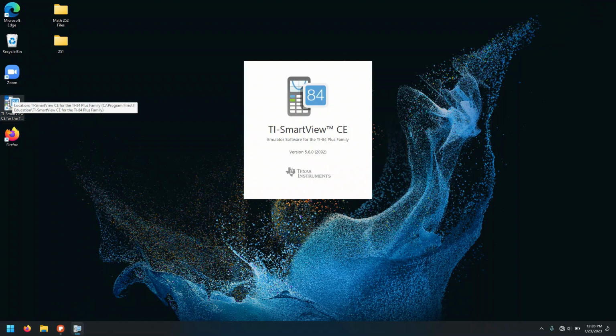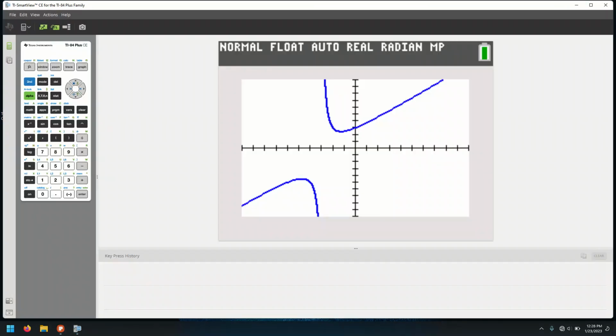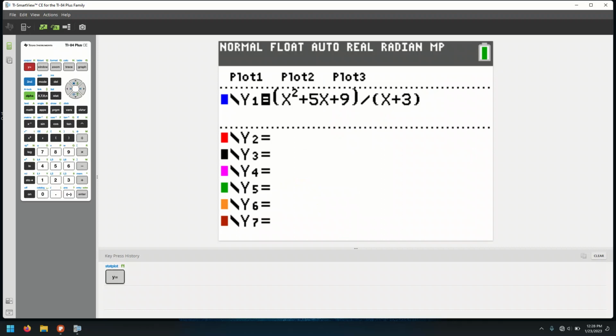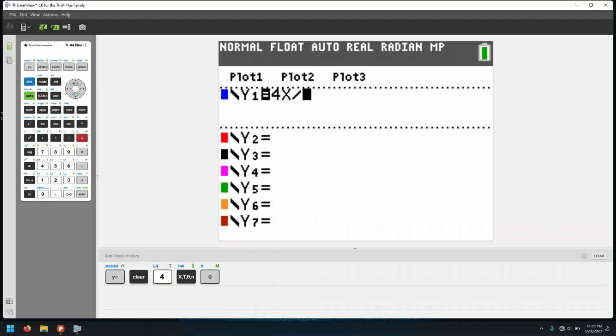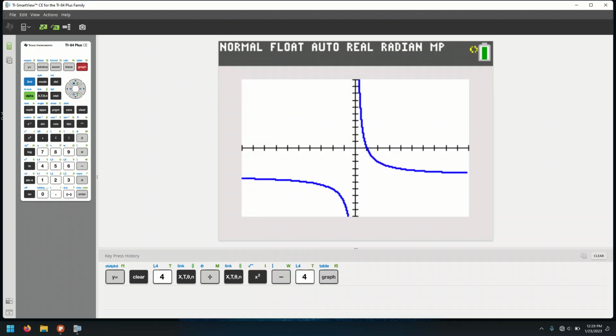Open my graphing calculator and get the function y equals 4x divided by, careful, when typing rational functions on the graphing calculator, make sure to use parentheses correctly, because I'm going to do it the incorrect way, just to show you what happens when you do that. So x squared minus 4, and let me graph this.